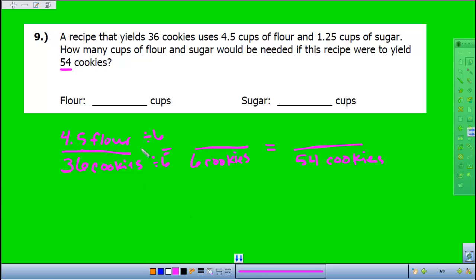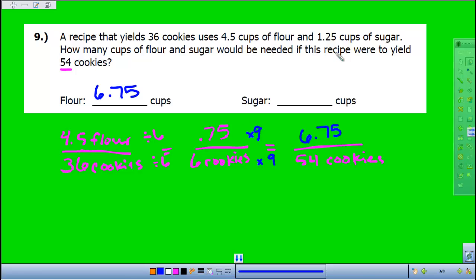I'm going to do it on my calculator quick, and I get 3/4 of a cup, so 0.75 for 6 cookies. But I don't need 6, I need 54. From 6 to 54, I am multiplying by 9, so now I have to take 0.75 times 9, and then I get a total of 6 3/4 cups for my flour.